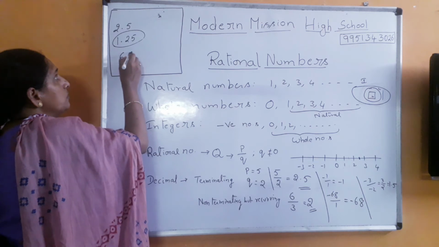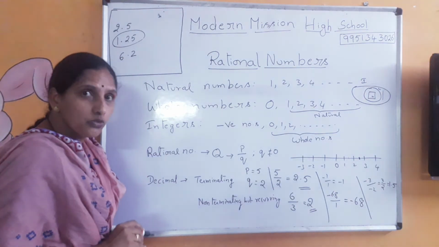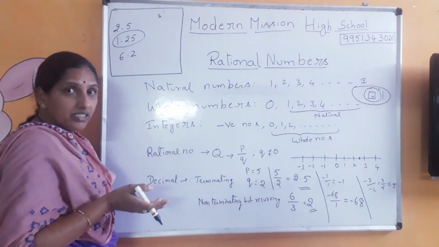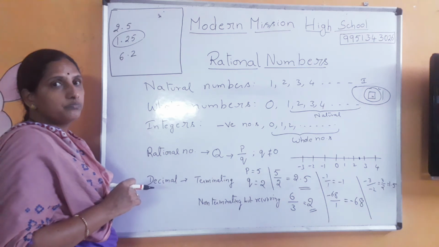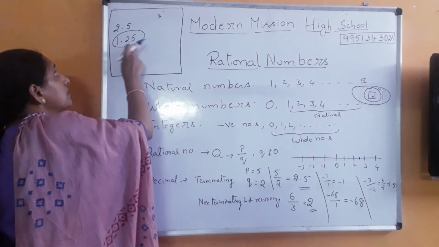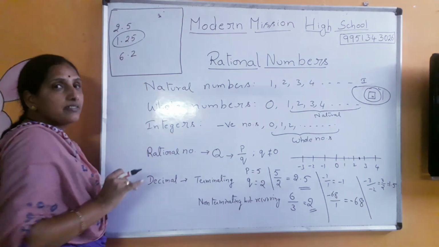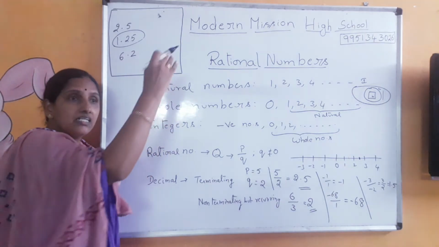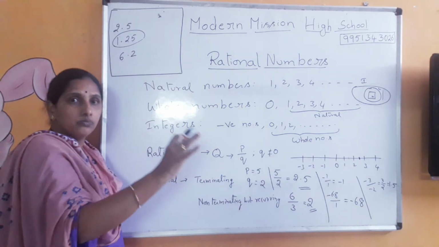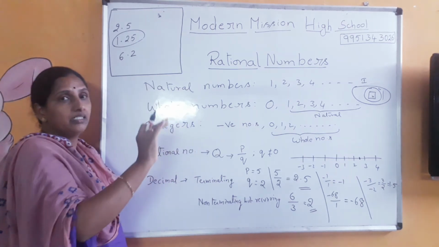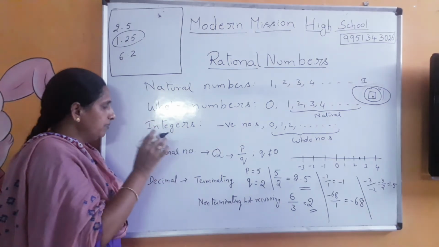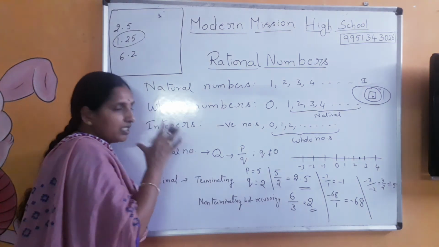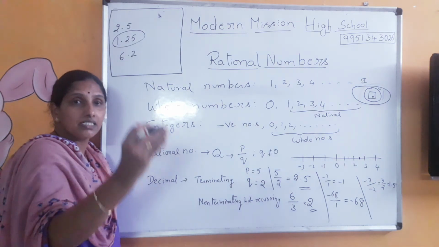Suppose it is 6.2. If the number given to me is 6.2, it is terminating at 2. So these are called terminating decimals. The decimal numbers which terminate at a particular digit all come under rational numbers. Terminating decimal values.